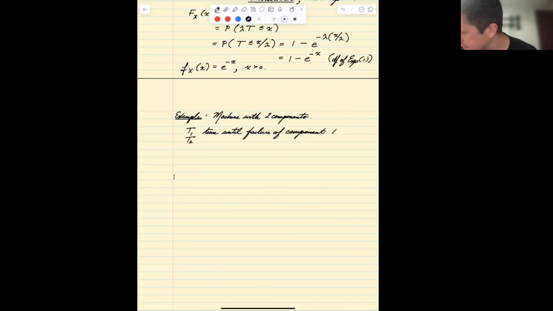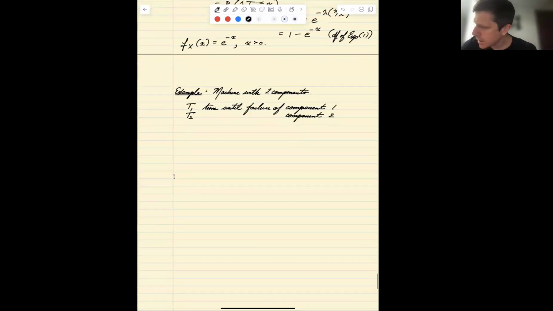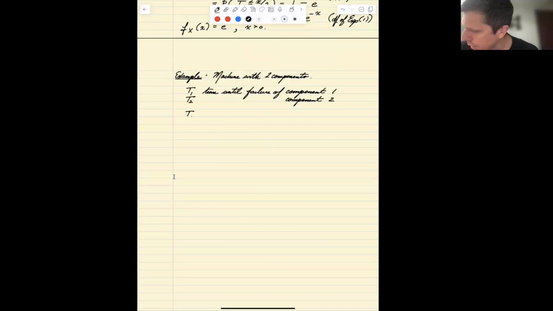T2 is going to be the time till failure of component 2. And let's assume that T1 is exponential with intensity lambda 1. T2 is exponential with intensity lambda 2. And let's assume that T1 is independent of T2.